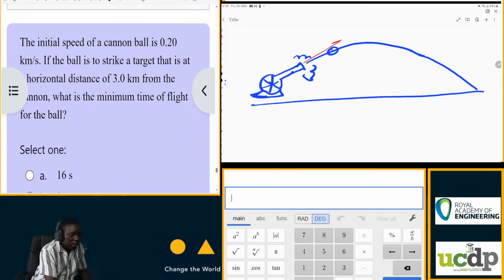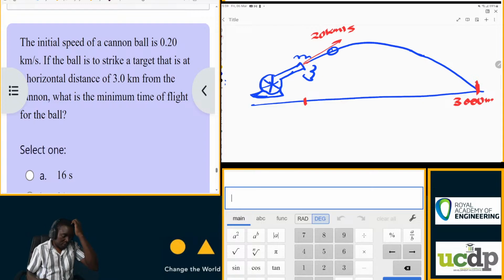So when it's released there, that speed is 20 kilometers per second. And it has to hit or strike a target that is 3 kilometers away. So from roughly that point to the target, this is 3,000 meters.